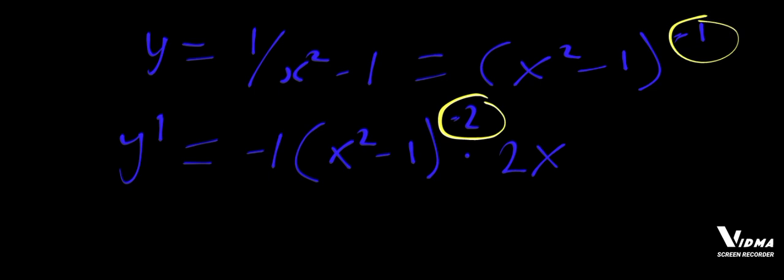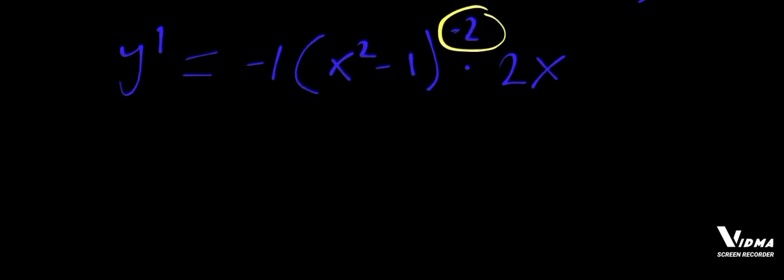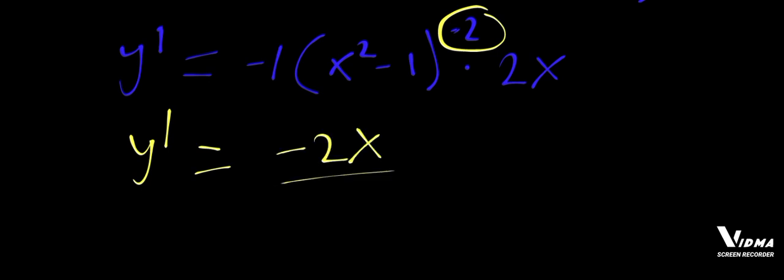So writing it back in its original form, we are going to have y prime equal to negative 2x over, because it is raised to the negative, it has to be a denominator, x squared minus 1 squared.